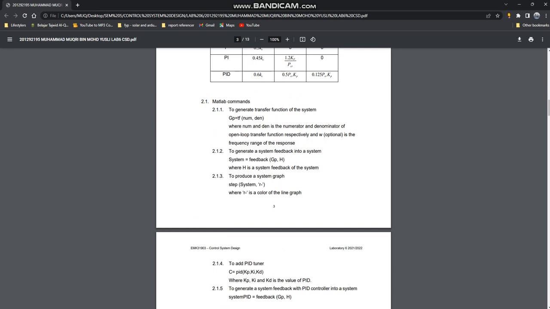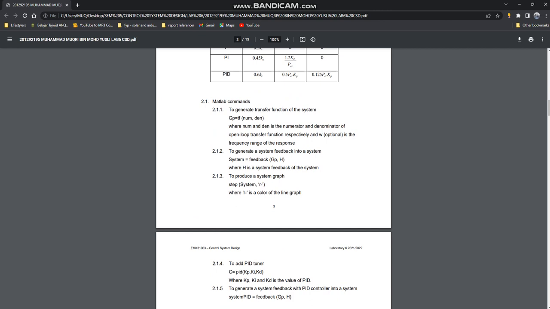The first MATLAB command is, if students want to generate a transfer function system, they should include this command in MATLAB: GP is equal to tf(NUM, DEN), where NUM is the numerator and DEN is the denominator.